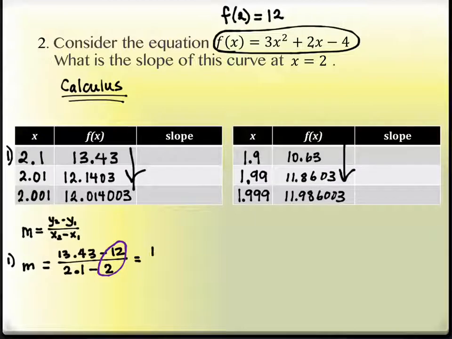All right, so this should be 1.43 divided by 0.1. If you did that by hand, you don't have to do it by hand. But what do you get for the slope value? 14.3.